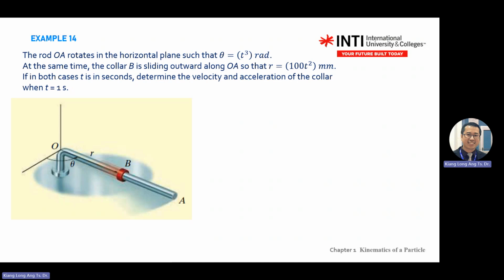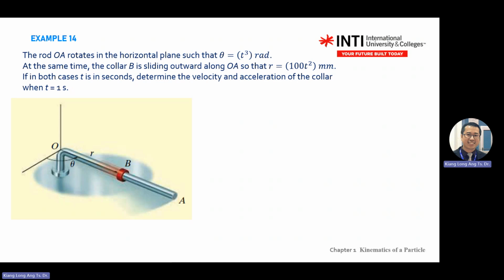At the same time, another object is sliding outward because of inertia. You rotate these things, and collar B will swing out because of inertia, sliding along OA so that R is 100t squared in mm.